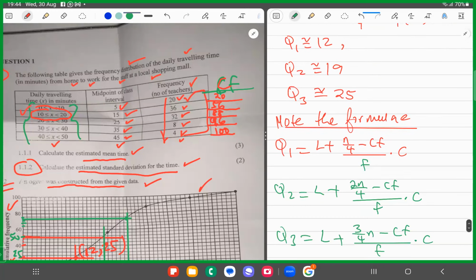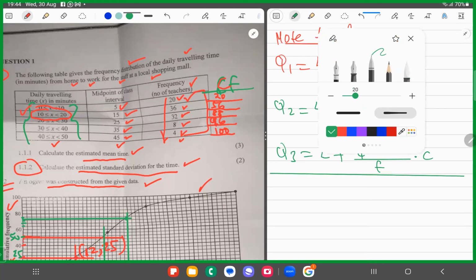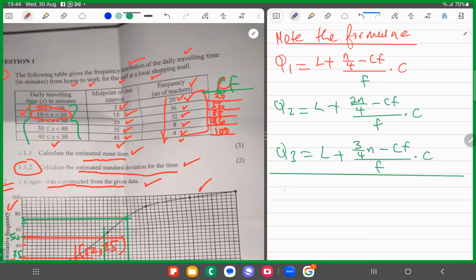Using this formula, we're just practicing now. You will watch the video, it will help you even when you go to university. I'm going to use the formula straight from the top. The lower class boundary of the 10 to 20 is 10, plus n over 4, which is now 100 over 4.